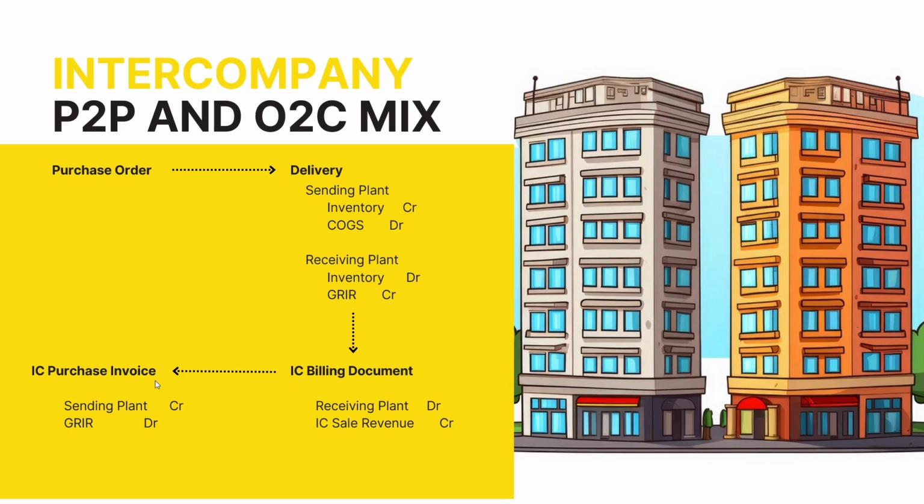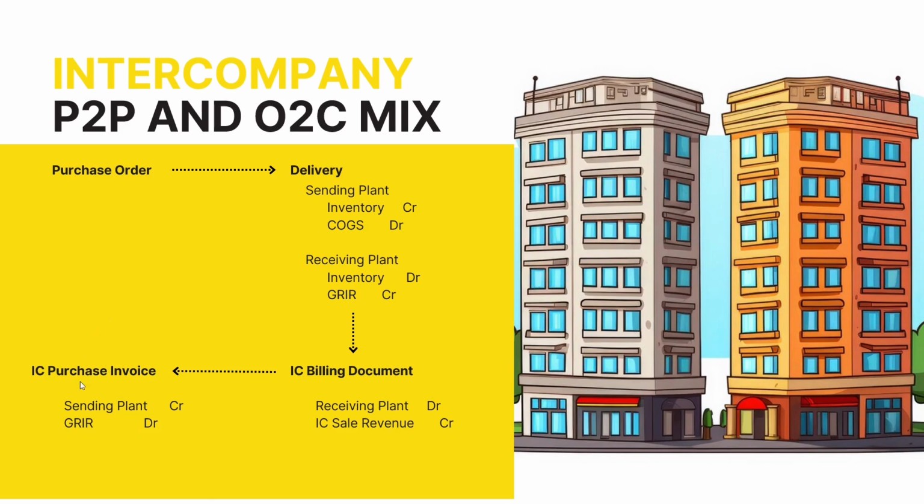After that, there is a typical way of using IDOCs. The moment we create a billing document, an IDOC is triggered and that IDOC is used to post the invoice directly in the receiving company code, which is a vendor invoice. Or we can also have a manual invoice posted via MIRO. It all depends on the configuration.